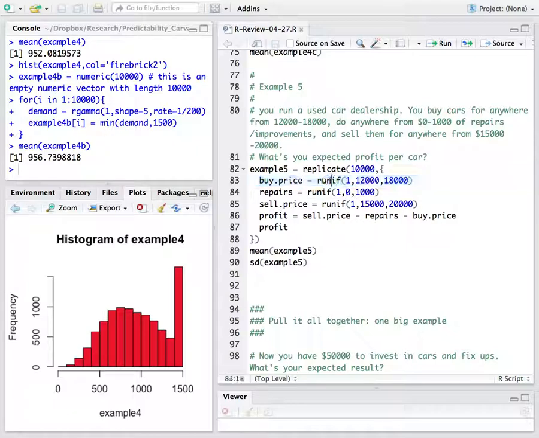Here we have our unif. Our unif is a random uniform variable.